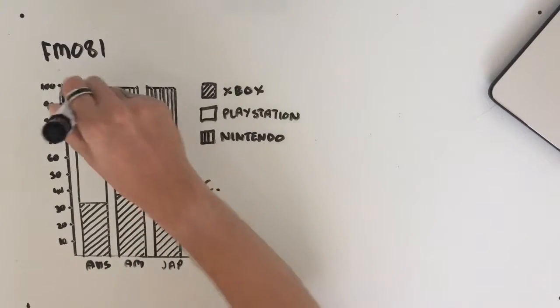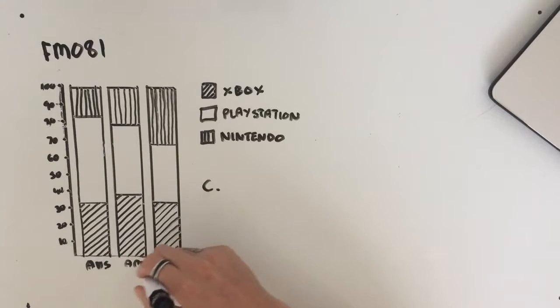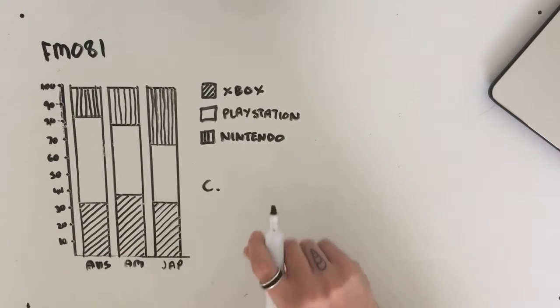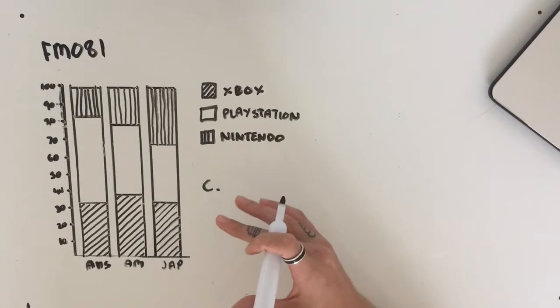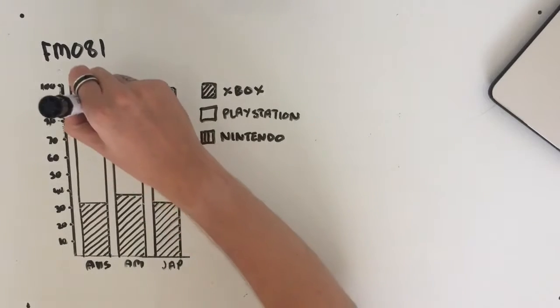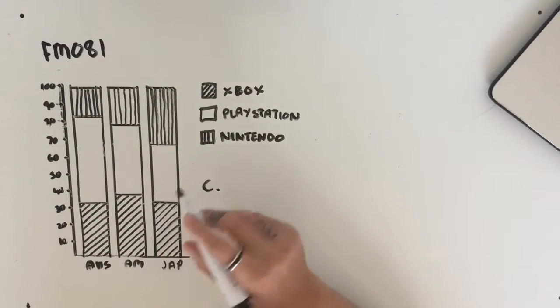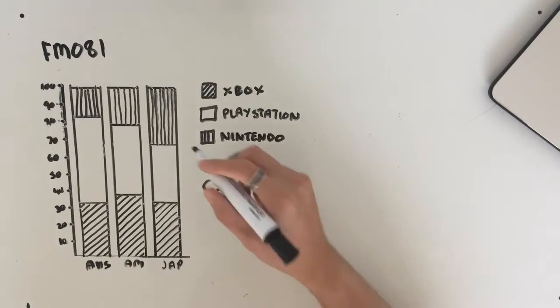We need to refer to the percentage of these 3 segments, and also relative to what country they come from. An answer we might give would be the smallest population percentage who prefer Nintendo is Australia's population at 18%. We can see here that this is our smallest segment. The next largest is America's population percentage at 22%.